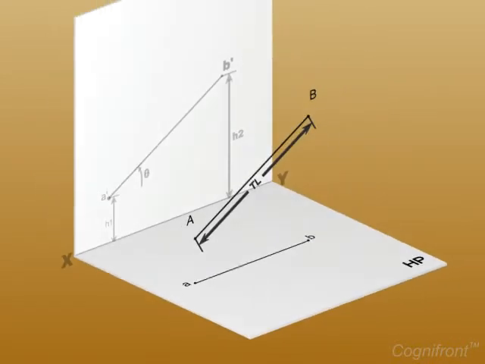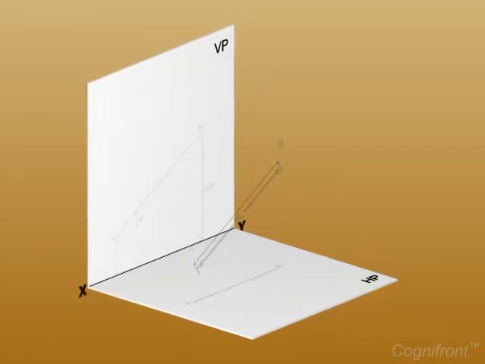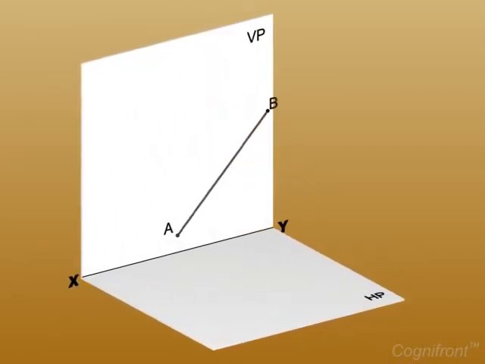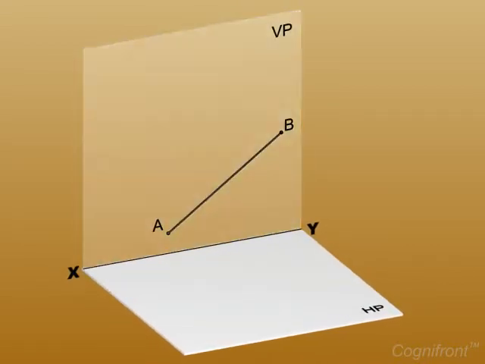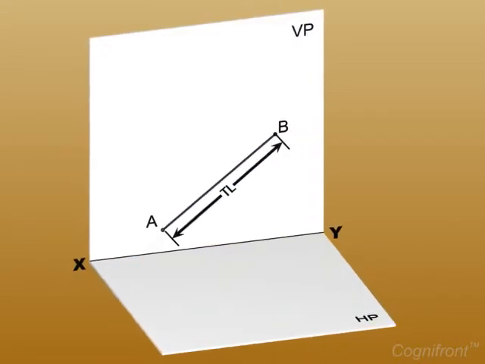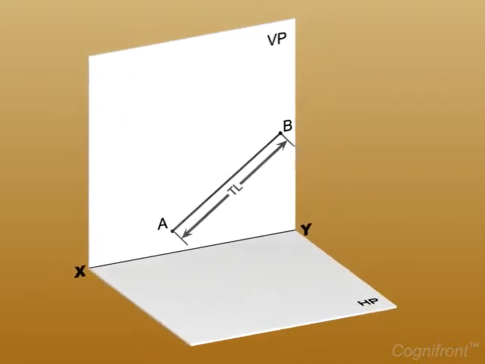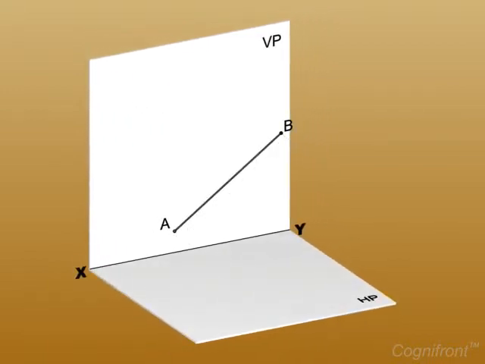Easy, right? Let's move further discussing a case where the line AB is inclined to both HP and VP and its projection will be shorter in length compared to its actual length. Look at the diagram.